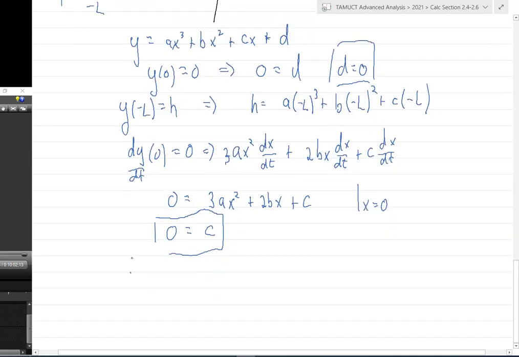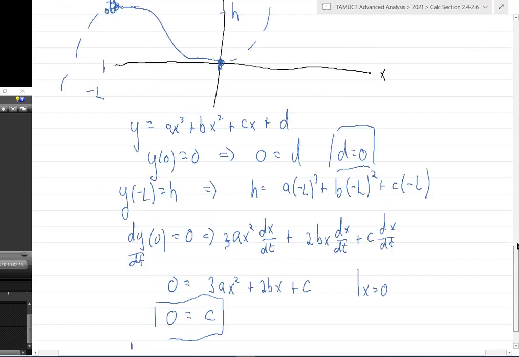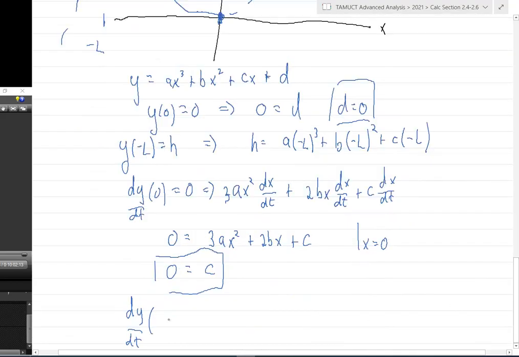So I know that dy dt is equal to 0 when x equals minus L. Now I can use the same expression here.